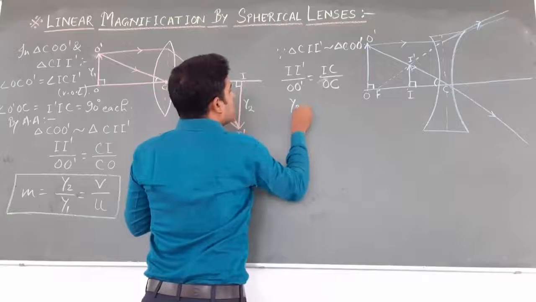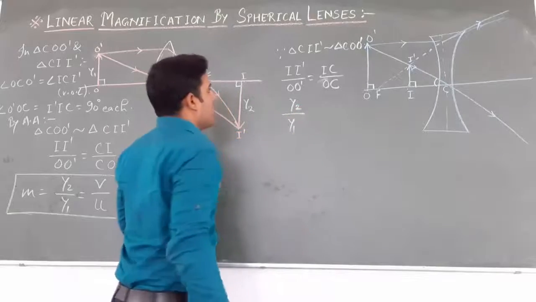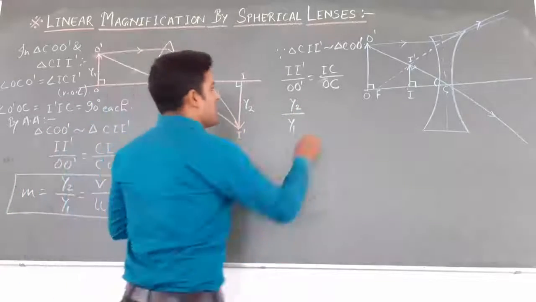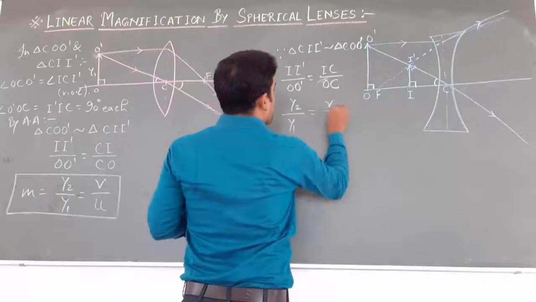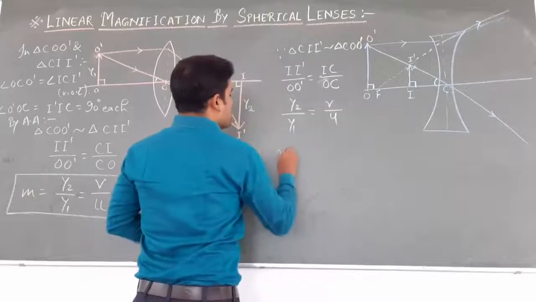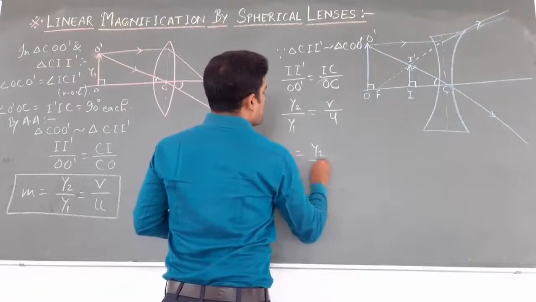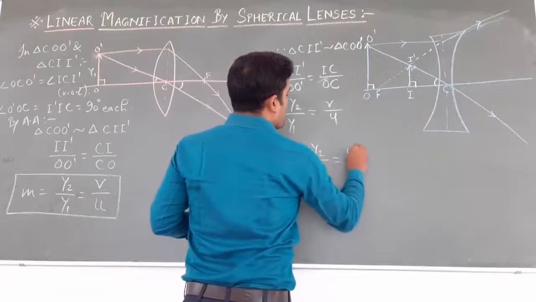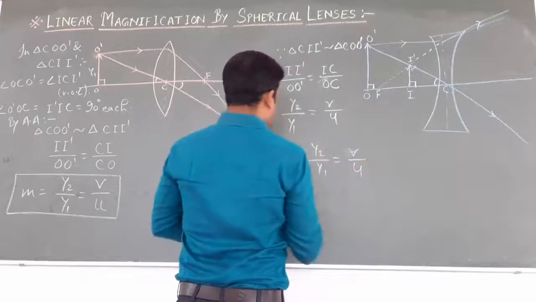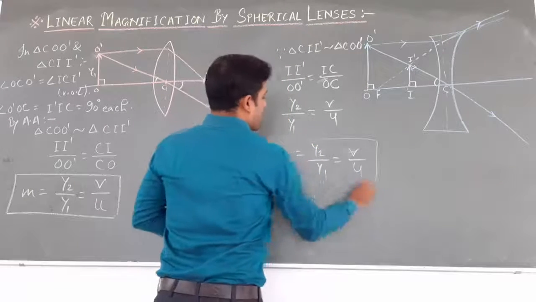Again consider this as Y2 and this as Y1, size of image and size of object, and image distance V upon U. This is the linear magnification M, equal to Y2 upon Y1, equal to V upon U. This is your relationship.